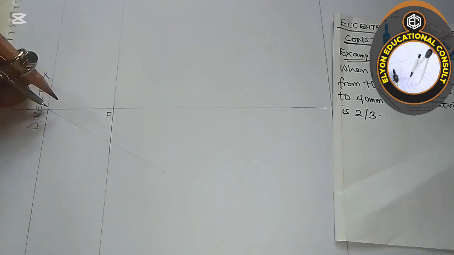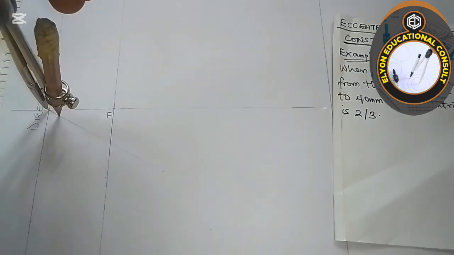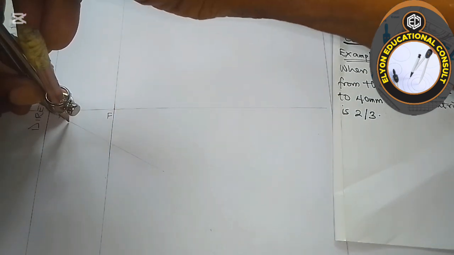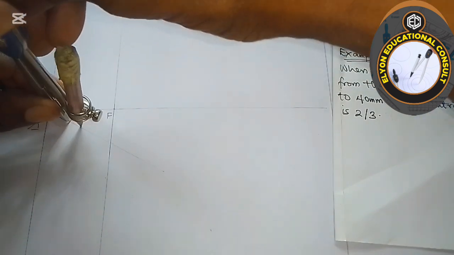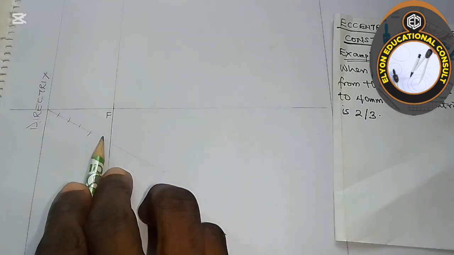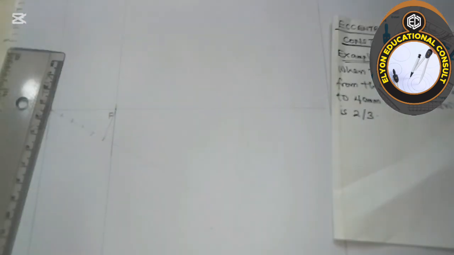Then take this compass, step off 5 times. 1, 2, 5 this way. Then I will join the last part to the focus, like we have here.